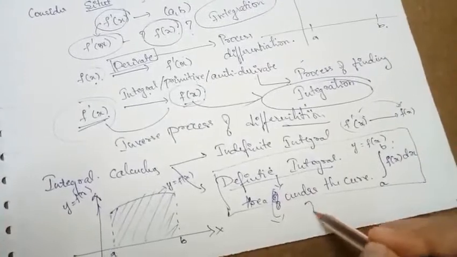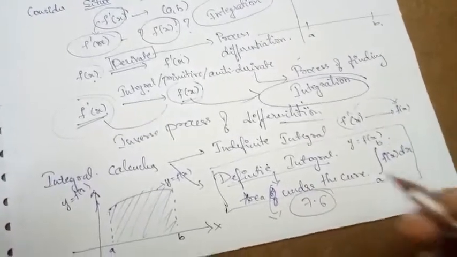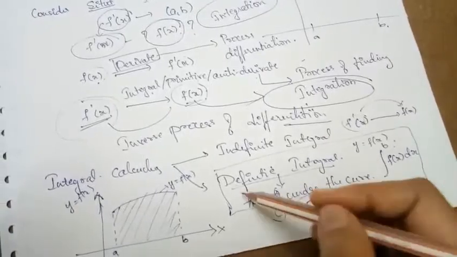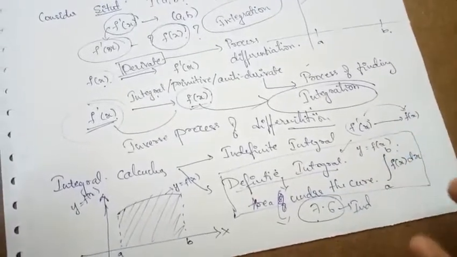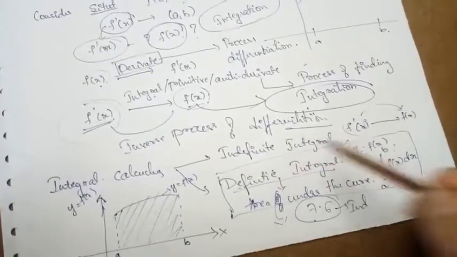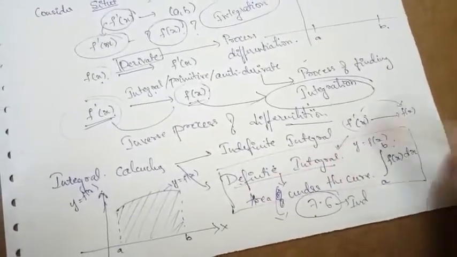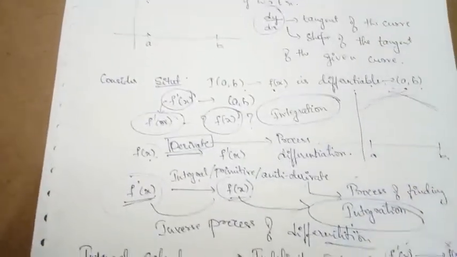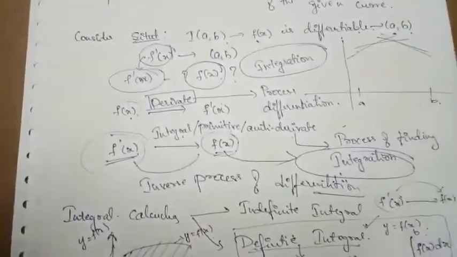Up to exercise 7.6, we are learning about the indefinite integral. In later sections, we will learn about the definite integral. Please note down what I have explained in this section.